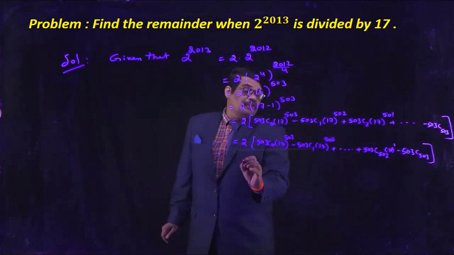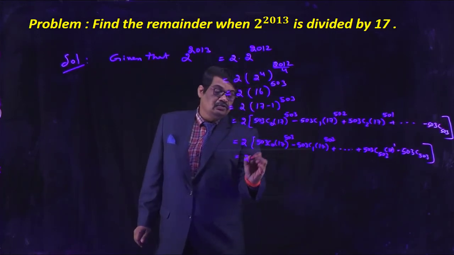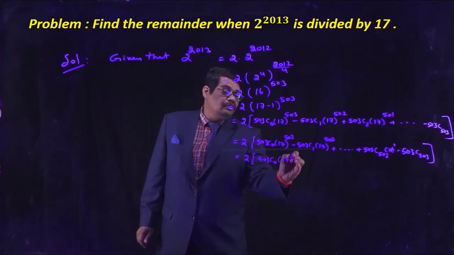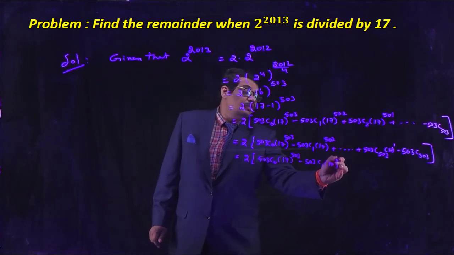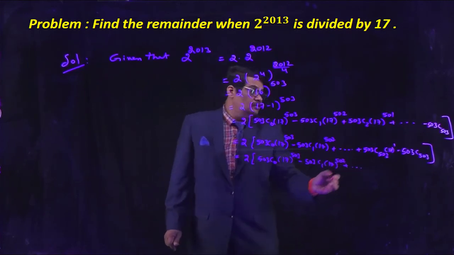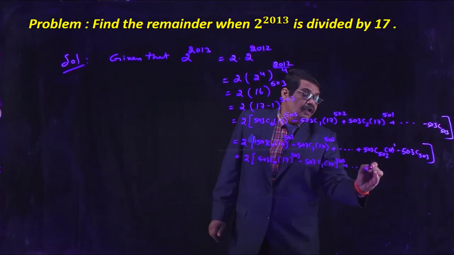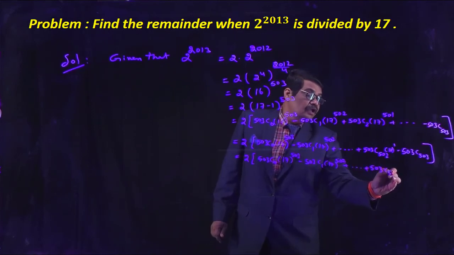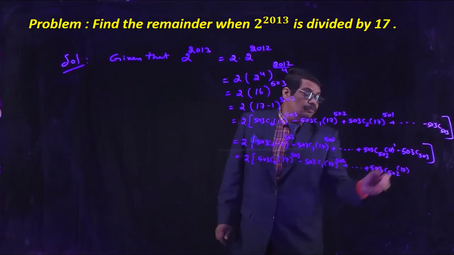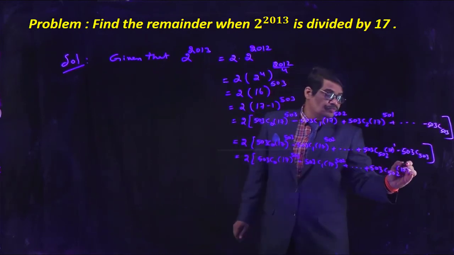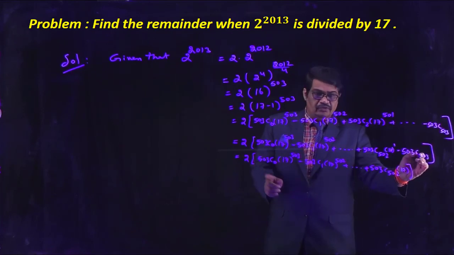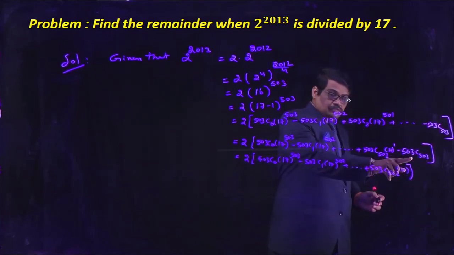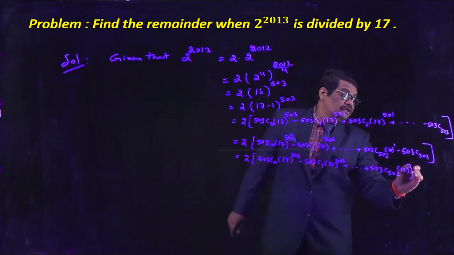In the next step we write 2 into 503 c naught 17 to the power of 503 minus 503 c1 17 to the power of 502 and so on, then 503 c 502 17 to the power of 1. The last term is nothing but n c n, that is value 1, into 2 into minus 1, that is minus 2.